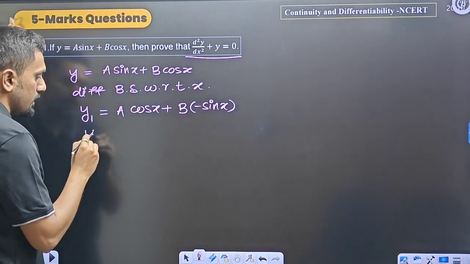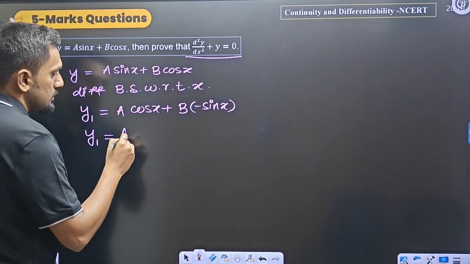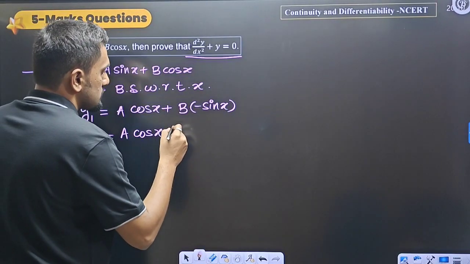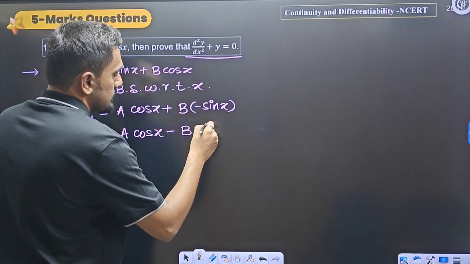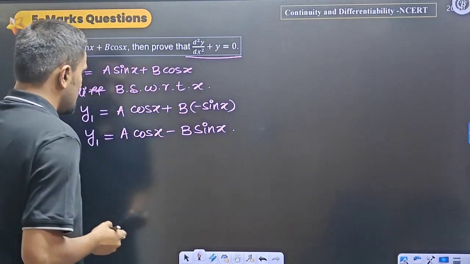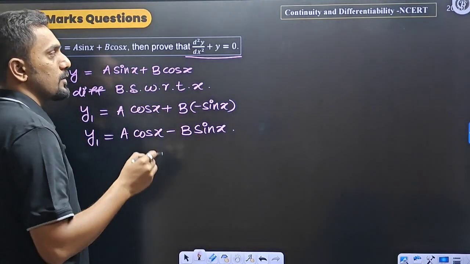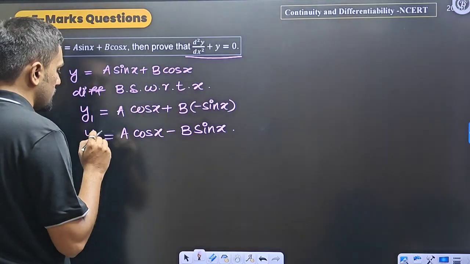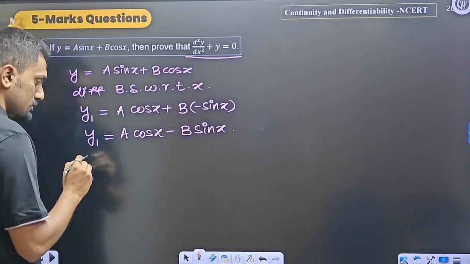Okay, let me rewrite this equation. a cos x, what is plus into minus? Minus b sin x. Then to get d square y by dx square, I need to differentiate this with respect to x again, right?